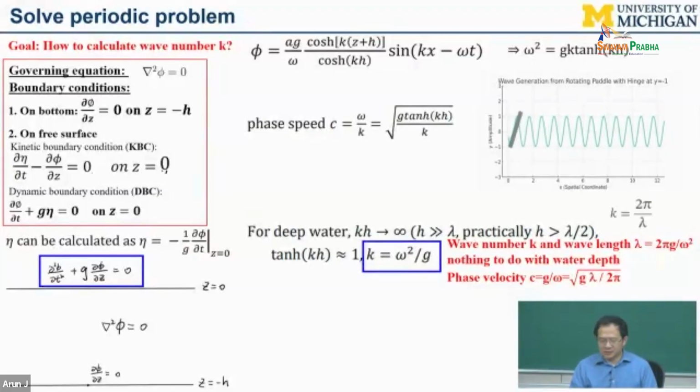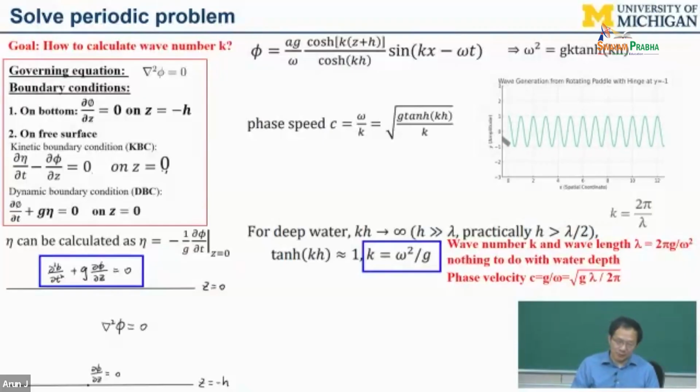Therefore, in the ocean for deep water, there's a relationship between wavelength lambda and omega. For example, if you compare wave periods, and omega changes by 2, then lambda will change by 4, right?